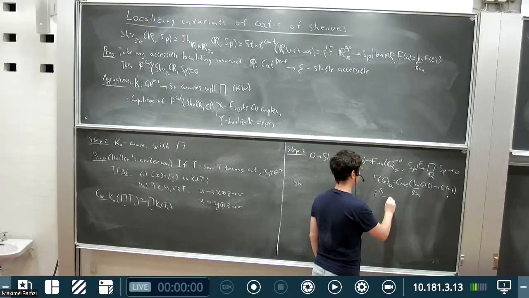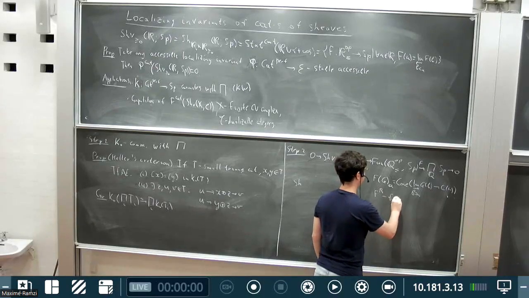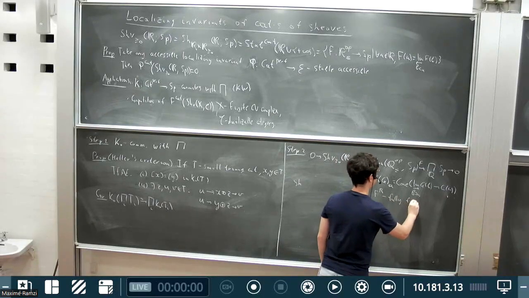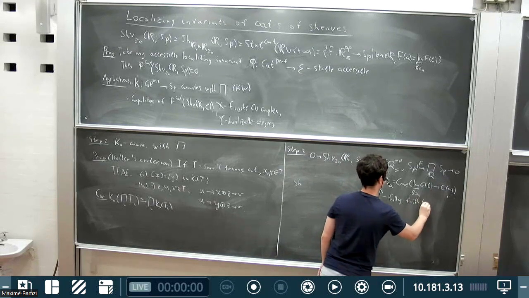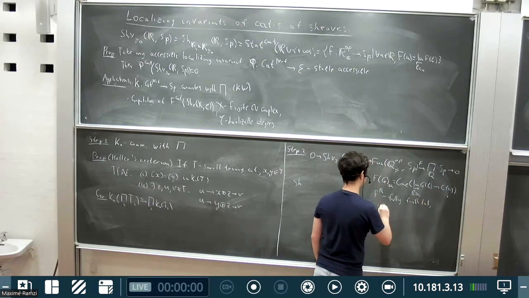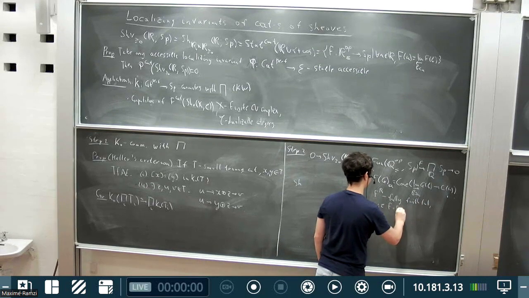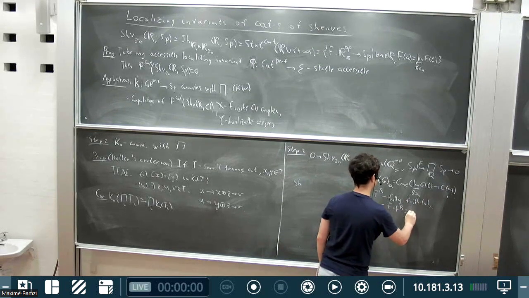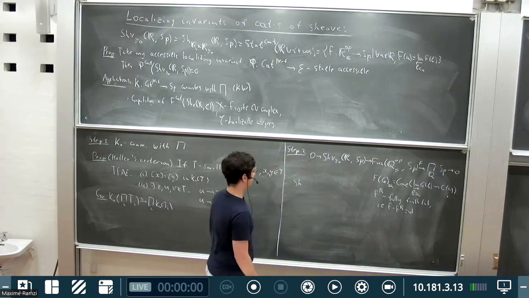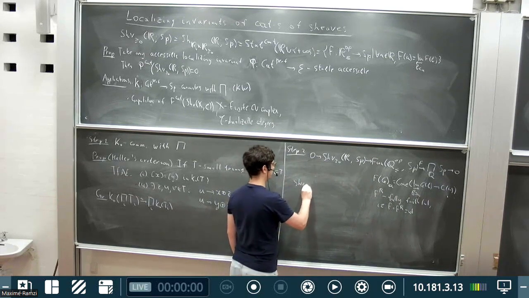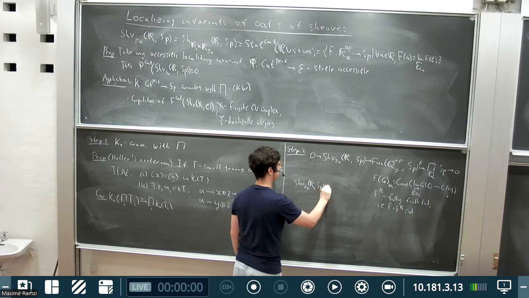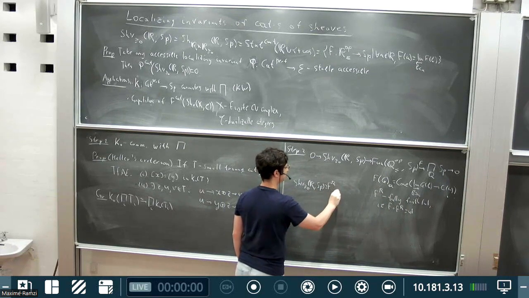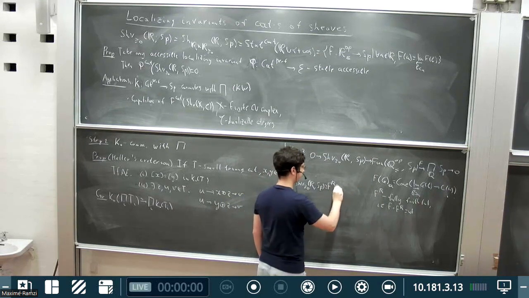So F's right adjoint is actually fully faithful, so the composition F composed with F right adjoint is the identity. And you can observe that sheaves with this non-negative singular support condition are the right orthogonal to the essential image of the right adjoint.